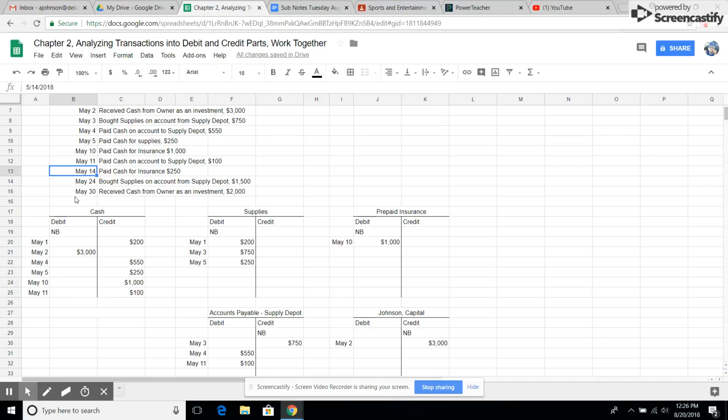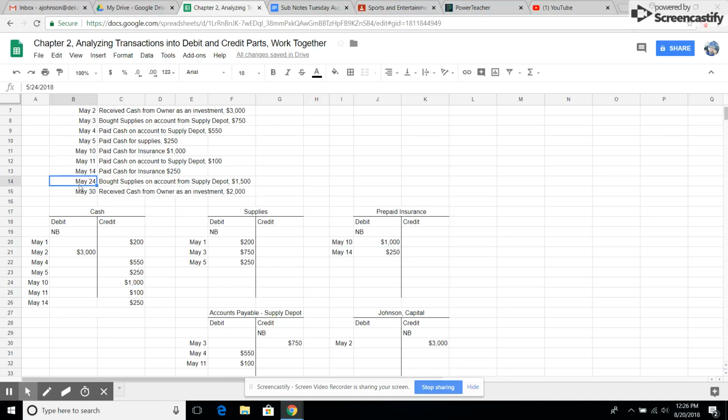May 14th, we're buying some more insurance, so paid cash for insurance. So our cash is decreasing, so that's going to go on the credit side. And the balance of our prepaid insurance is increasing, so we're going to put that on the debit side.